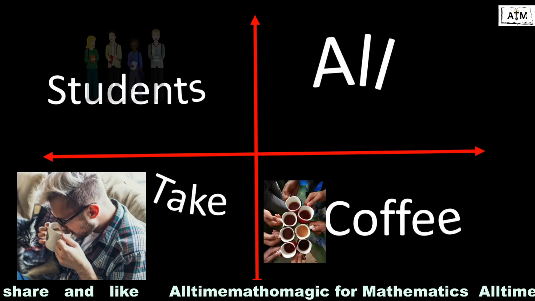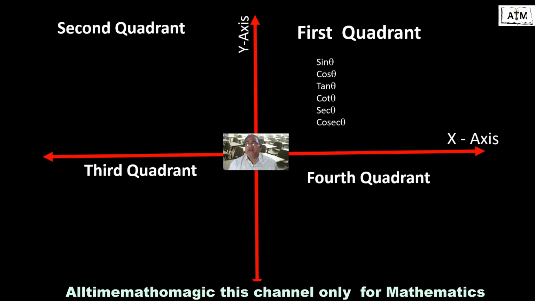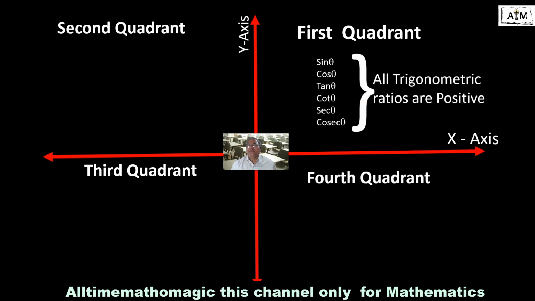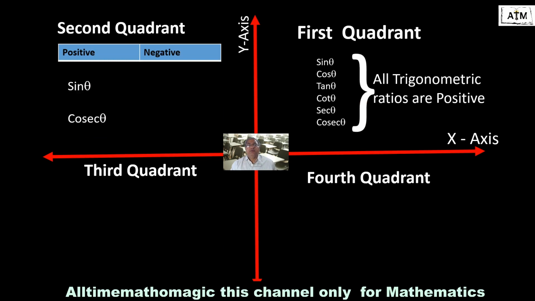In the first quadrant, sin theta, cos theta, tan theta, cot theta, sec theta, and cosec theta all are positive. And in the second quadrant, sin theta and cosec theta are only positive, and tan theta, cot theta, sec theta, and cosec theta are negative.